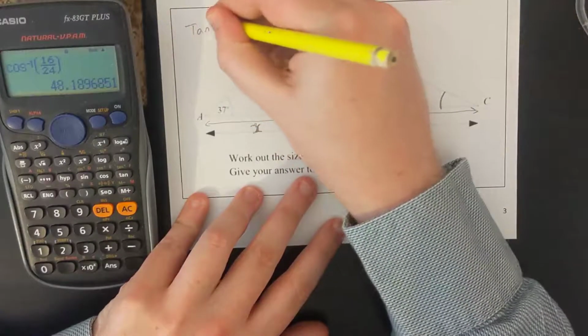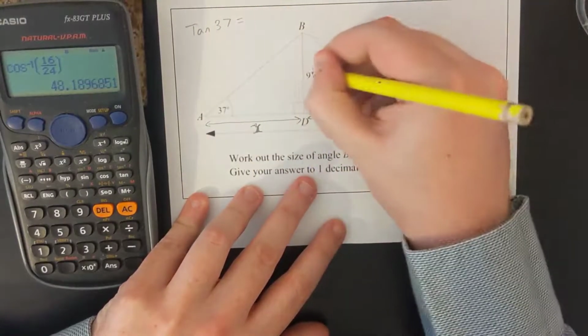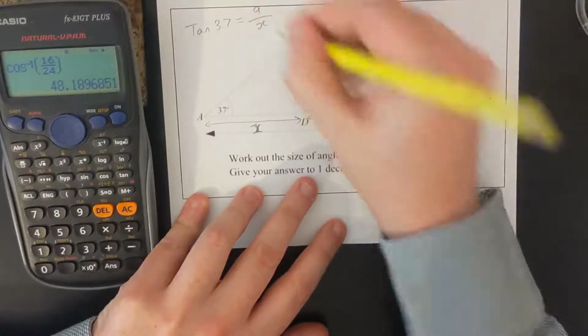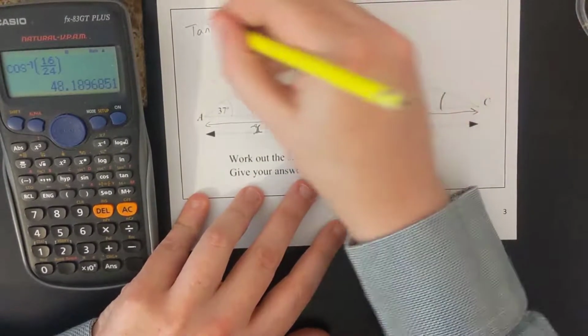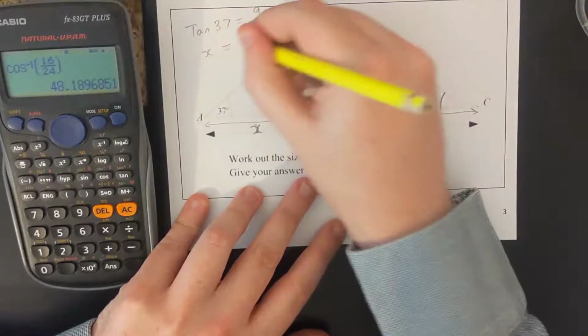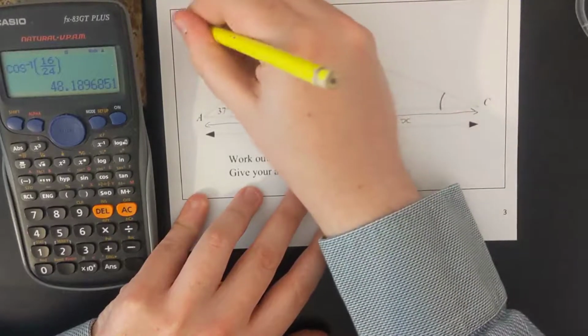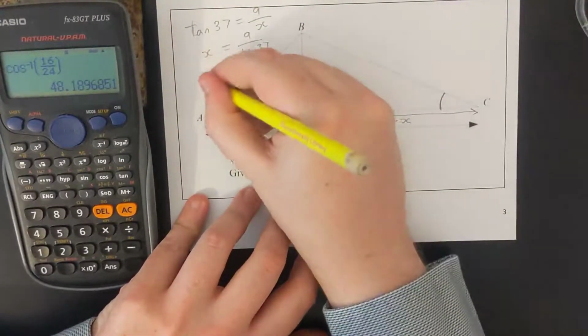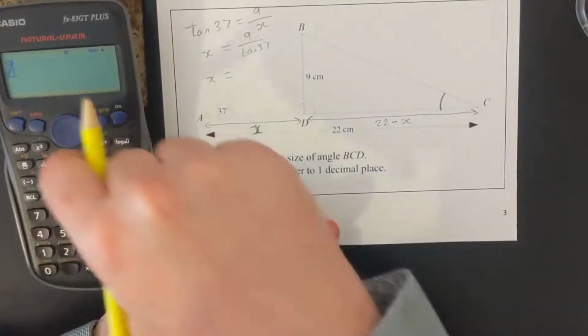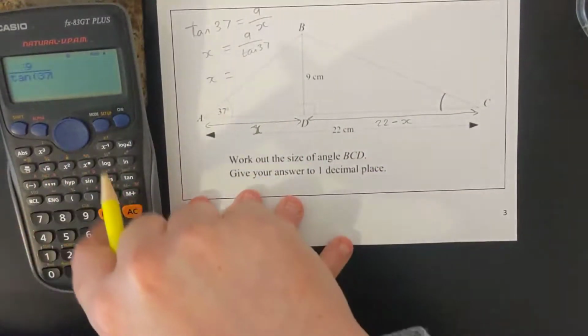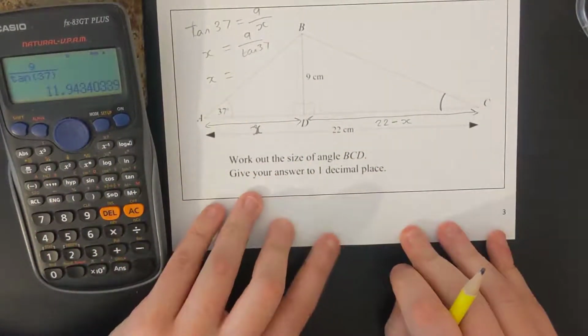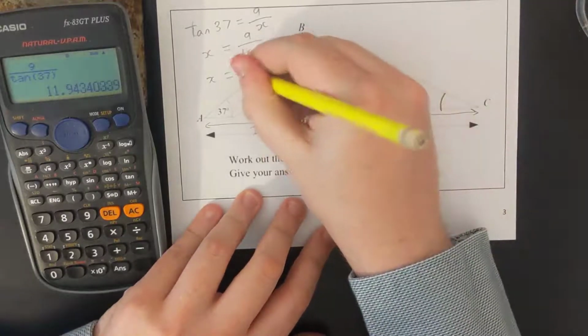SOHCAHTOA, that means I need tan. So I know tan 37 is equal to my opposite 9 divided by my adjacent x. Multiply by x, divide by tan 37. x is 9 over tan 37. And so x is equal to, I just type it into my calculator, 11.943, let's go.